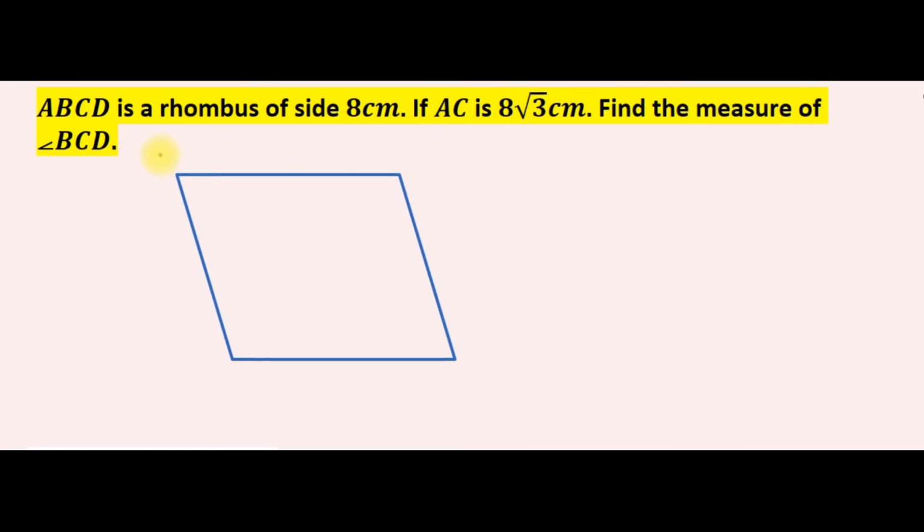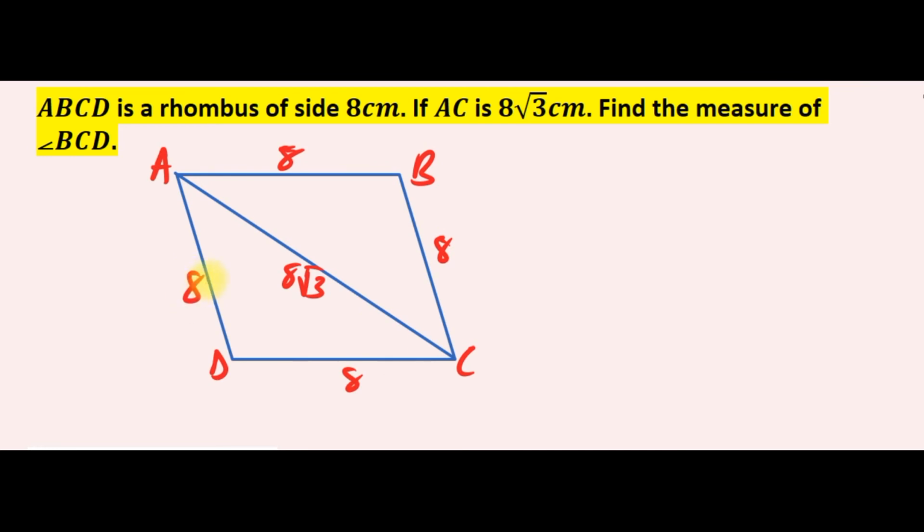Let's name it A, B, C, D. They said AC is 8 root 3, and all the sides are congruent, they are all 8. They now ask us to find the measure of angle BCD. So we are looking for this.